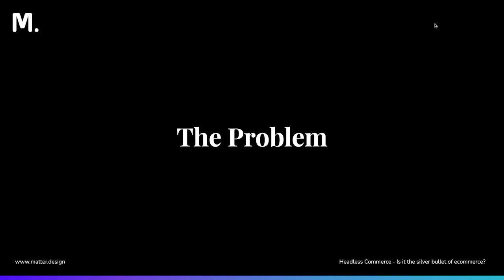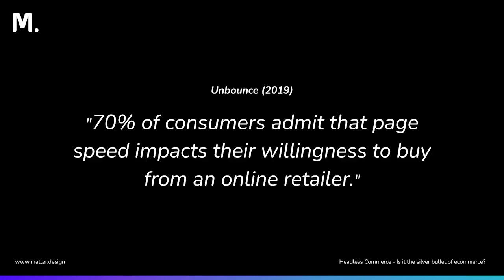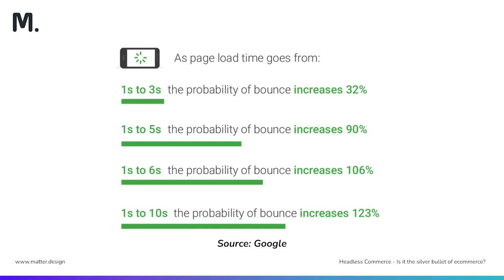So let's start with the problem. Unbounce quotes that 70% of consumers admit that page speed impacts their willingness to buy from an online retailer. And this data from Google shows that as the page speed increases, so does the probability of the user to bounce off that website. That is, that they leave the website on the first page that they view.